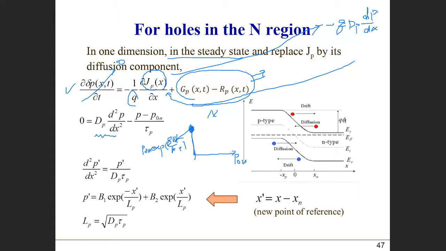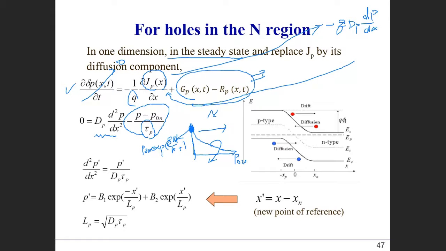So in the bulk region, we expect that as you go into the bulk region, it goes to the thermal equilibrium by promoting the recombination process. And this recombination process in the bulk region we can now rewrite with the so-called carrier lifetime of the hole. So we can rewrite it with this equation.